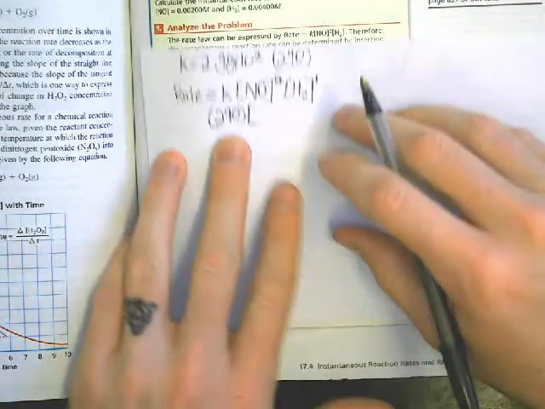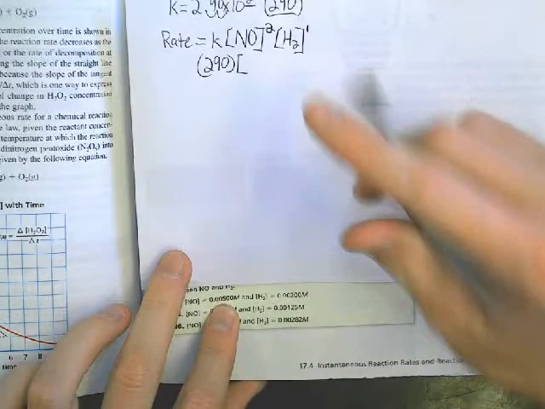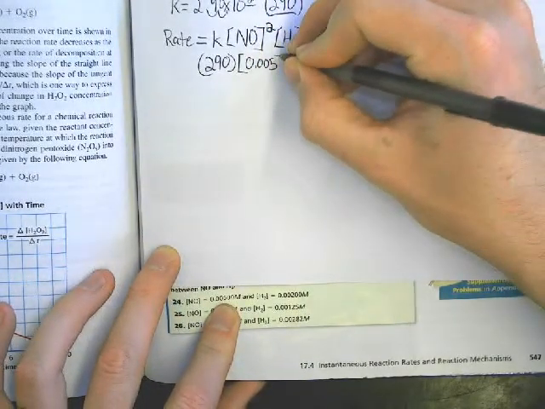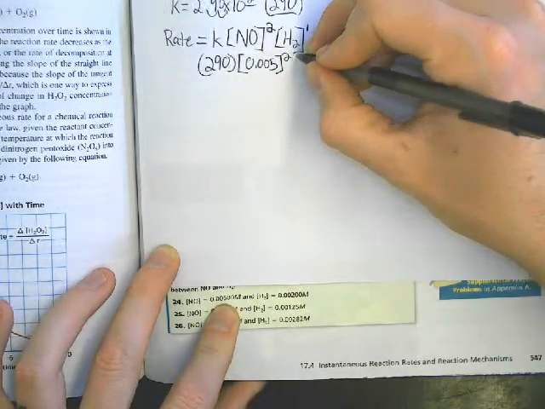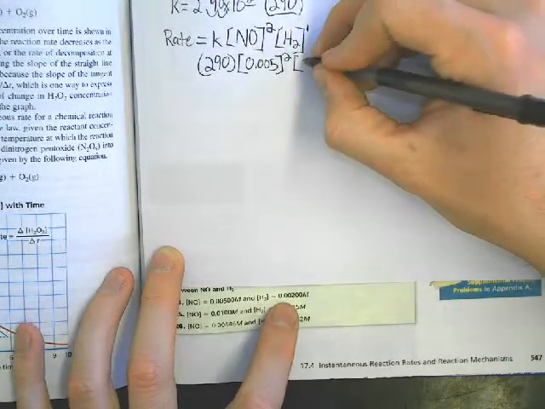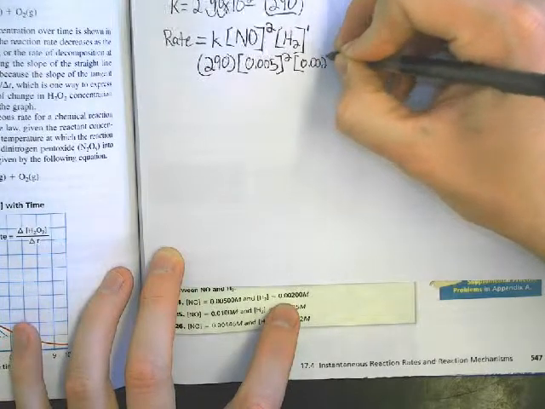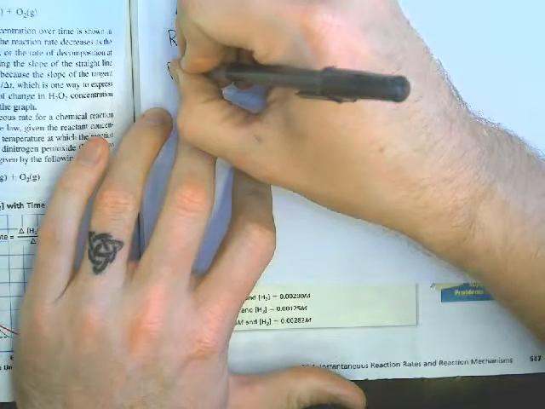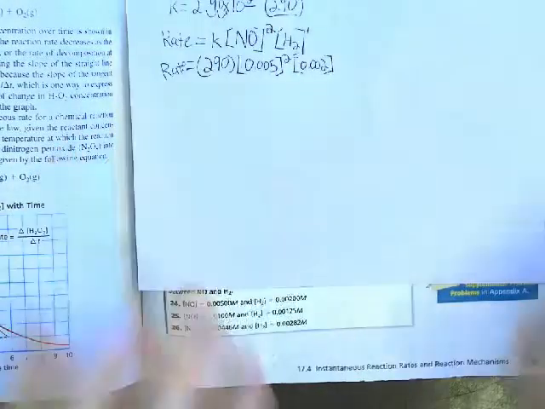Our concentration of NO was 0.005. Square that. And H2 is 0.002. And that's going to be equal to our rate.